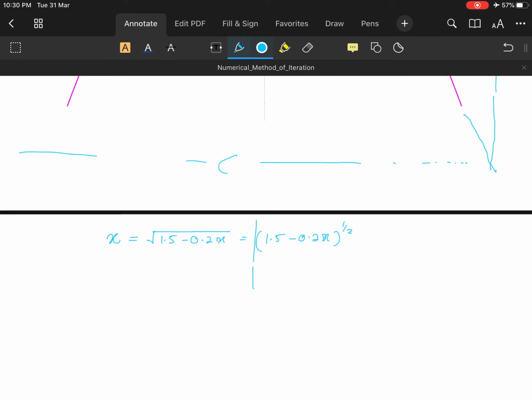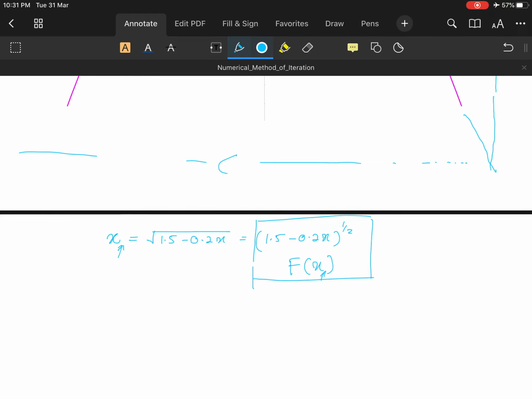You have to remember that this is actually your f(x). We just ignore the subscript here, because the subscript is meant for the iteration process, but the equation will still stay as usual.